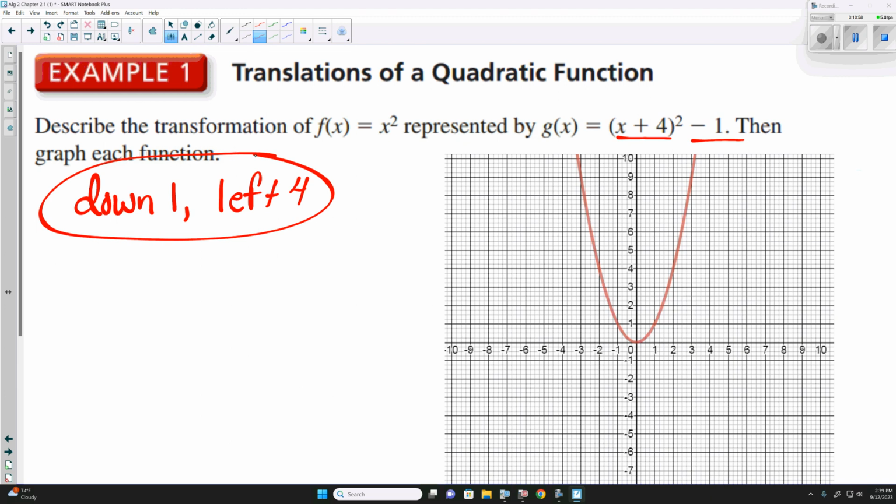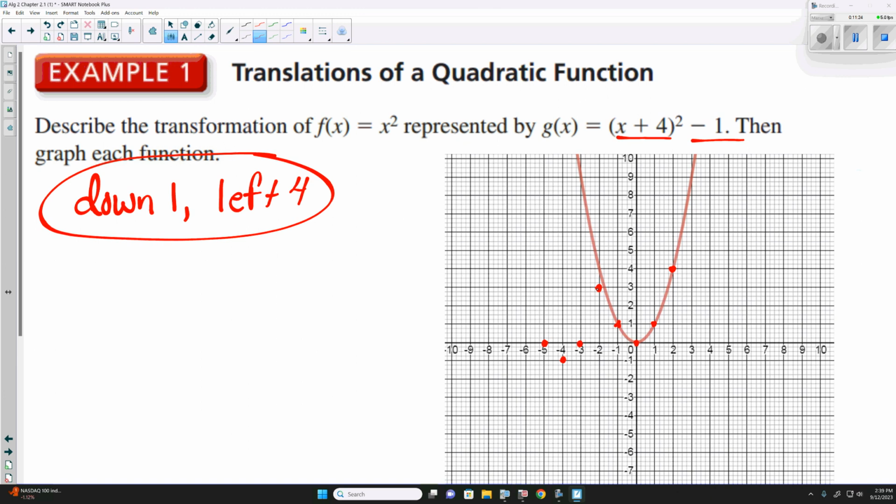Because if I wanted to do it by hand, well, this point 0, 0 has moved 4 units to the left and down 1. 1, 1 moved 4 units to the left and down 1. Negative 1, 1, over 4 and down 1. 2, 4 is moved 4 units, 1, 2, 3, 4, and down 1.